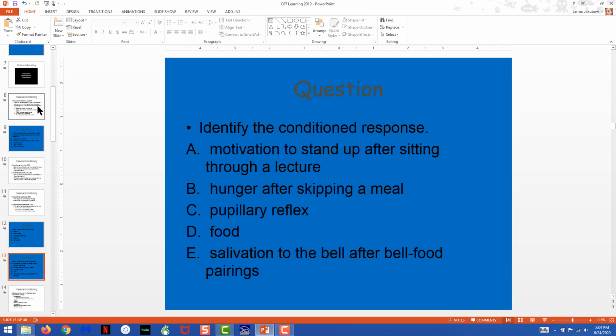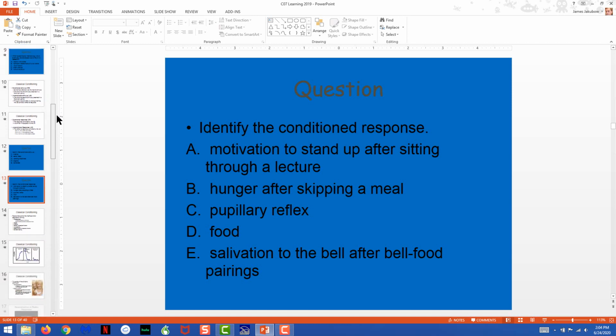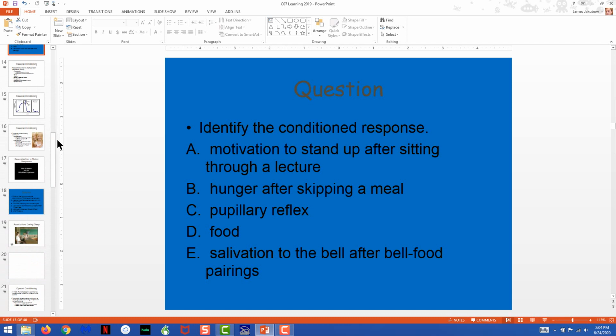Identify the conditioned response. Now, in this case, you're looking for the response that would occur to the conditional stimulus. Remember, that's always going to be the conditioned response. And the correct answer there is E, salivation to the bell after bell food pairings.